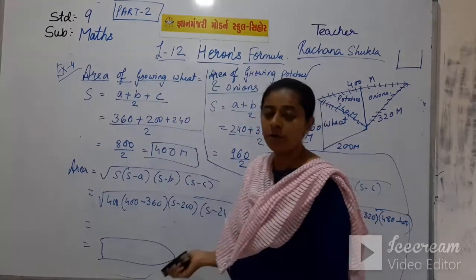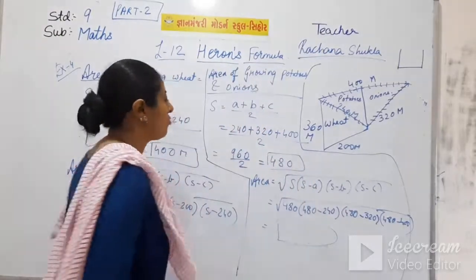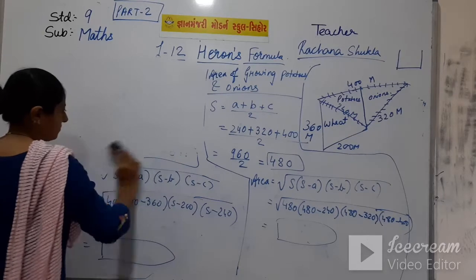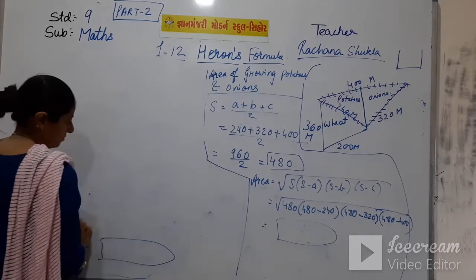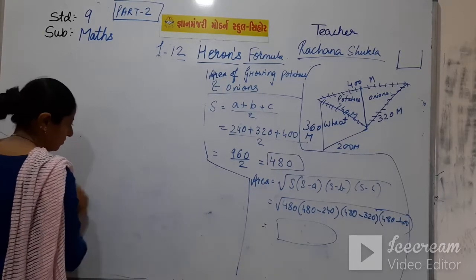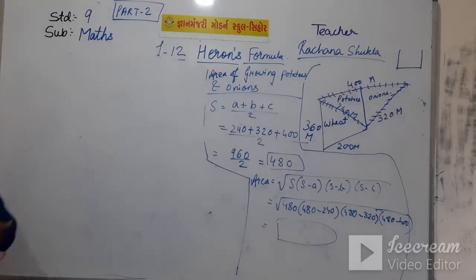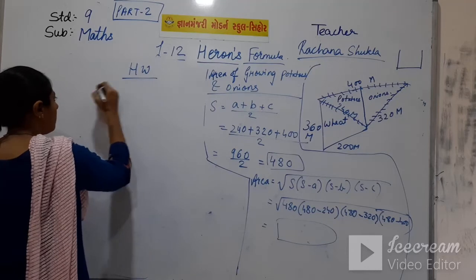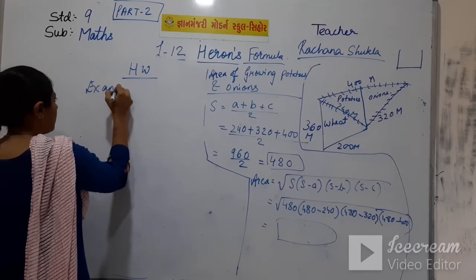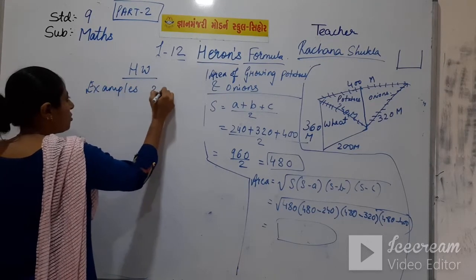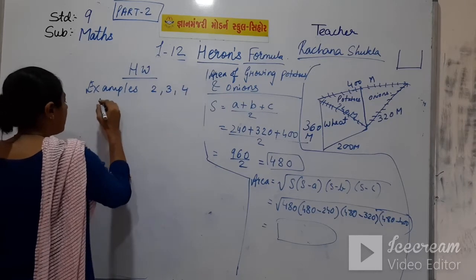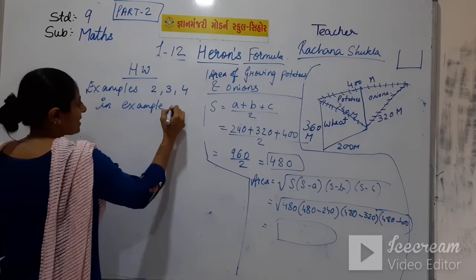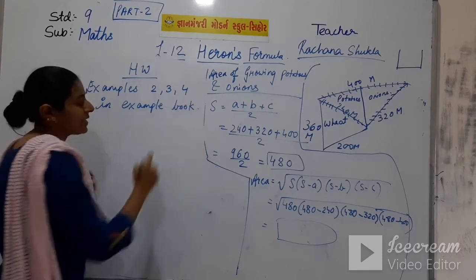So that was all for today. Now it's time for writing down the homework. Your homework is examples 2, 3 and 4 in example book, where you have to write your example in example book.